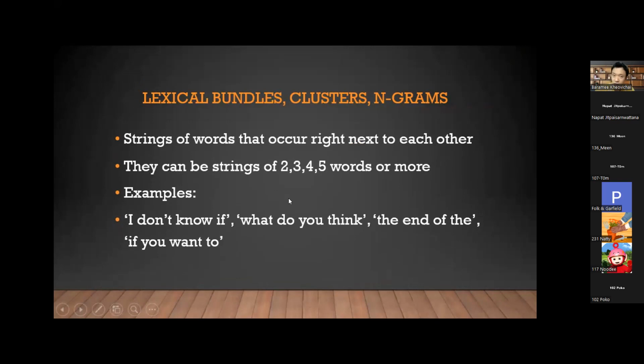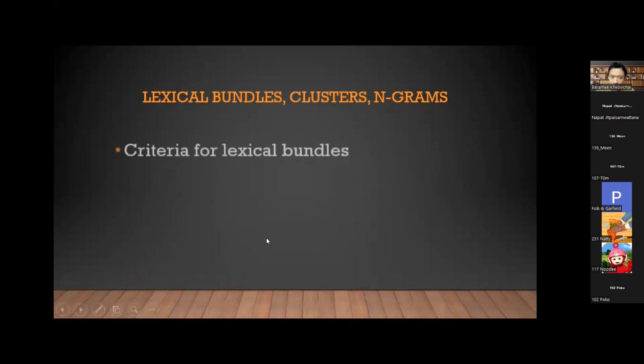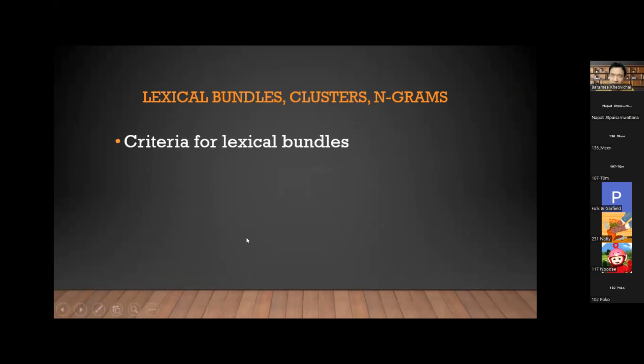So here you need the corpus to find strings of words that occur right next to each other repeatedly in a corpus for you to see. And these are from a paper written by Professor Douglas Biber in 2004. To do that, we need to ask the software to look for lexical bundles.